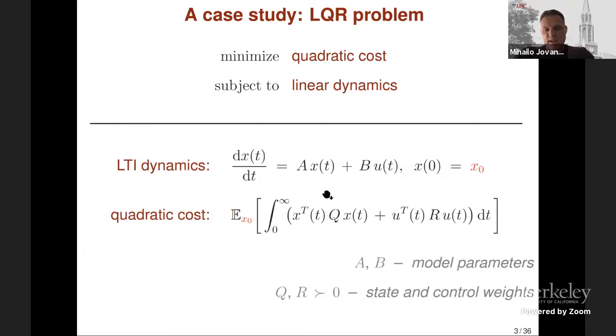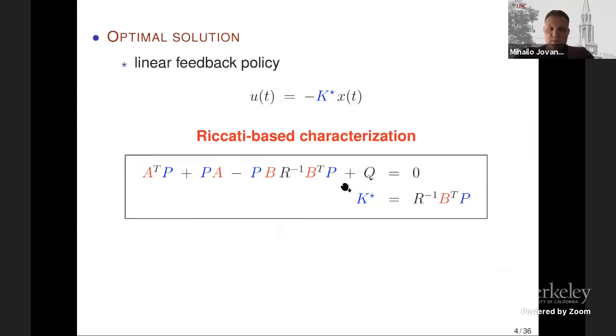What I need to highlight is that minimization is done over all state and control trajectories, and the optimal solution is given by a linear feedback policy, namely at any time instant t, you form the optimal control action by acting on the vector of available state measurements by this fixed matrix K. And this fixed matrix can be obtained from a positive definite solution of a celebrated algebraic Riccati equation.